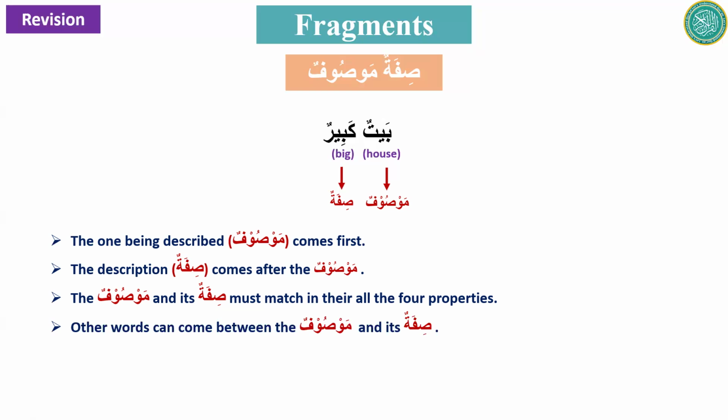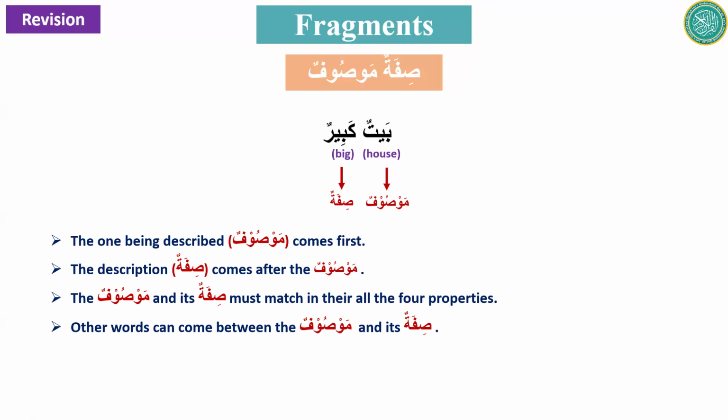If the mawsuf is a broken plural, then generally what happens? If you have Buyutun, a fragment, sifa mawsuf, and the mawsuf is a broken plural, what should you see in the sifa used for it?